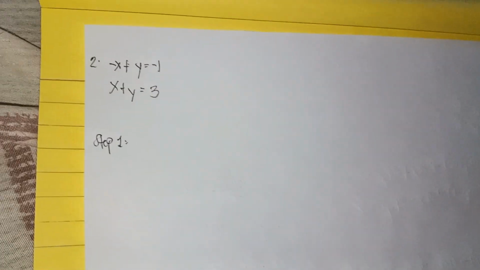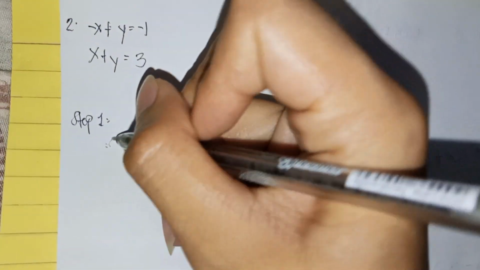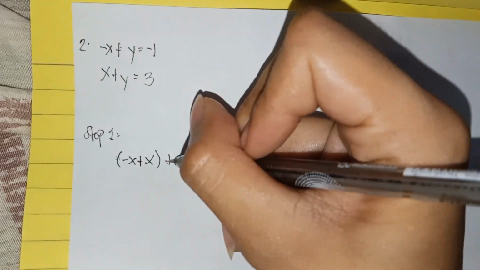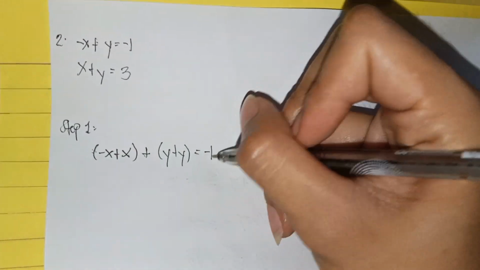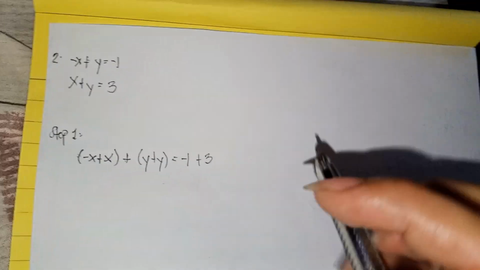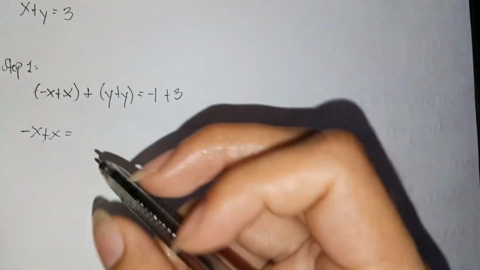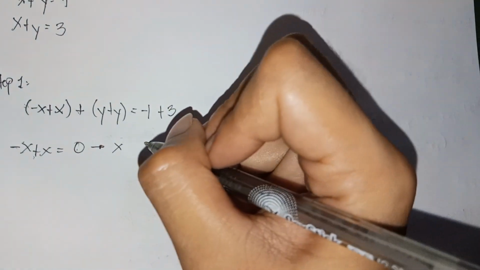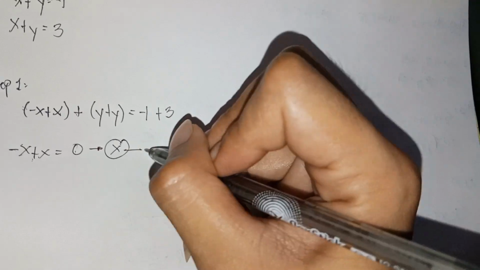So for our step 1, open parenthesis, negative x plus positive x plus y plus y, close parenthesis, then negative 1 plus 3. So we're going to group like terms. Negative x plus x equals 0. So our x is gone or eliminated.